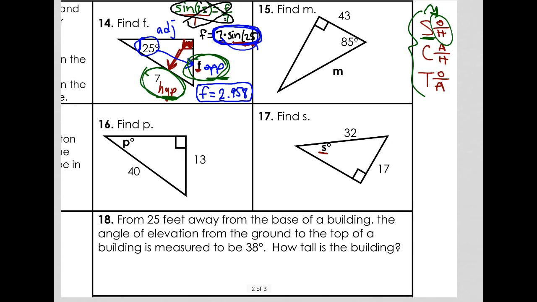Alright, so for the next one, we're going to label this triangle with the trig functions, but using this angle that's given, so the 85. So the 85, drawing across from it, remember is always your opposite, because it's the opposite side of the angle that's marked. And then that leaves our leftover 43 as the adjacent.